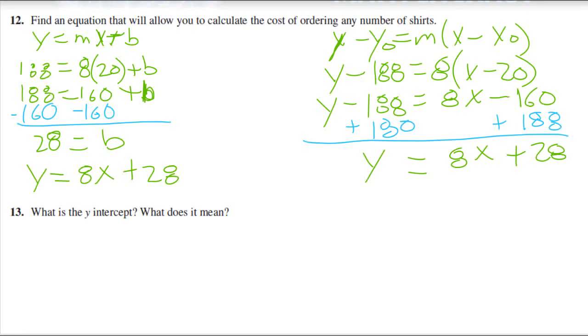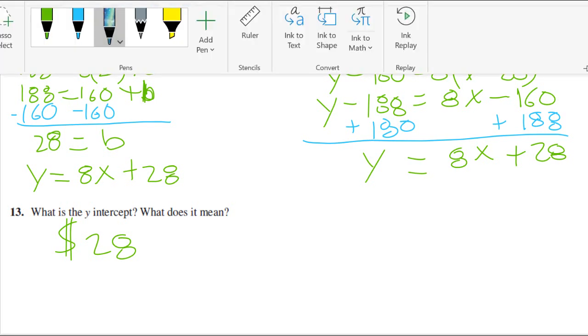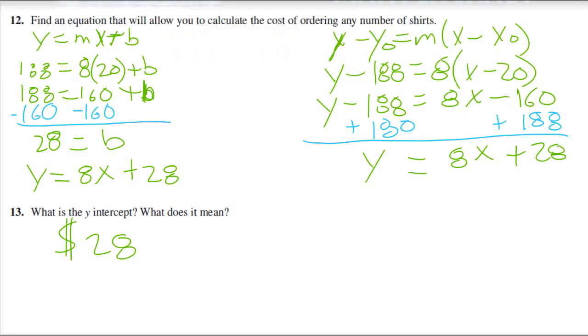For question 13, I think I probably already told you the y-intercept is 28. And what does it mean, though? It's actually $28. If I look at what I did, my $8 per shirt times 20 shirts gives me dollars.